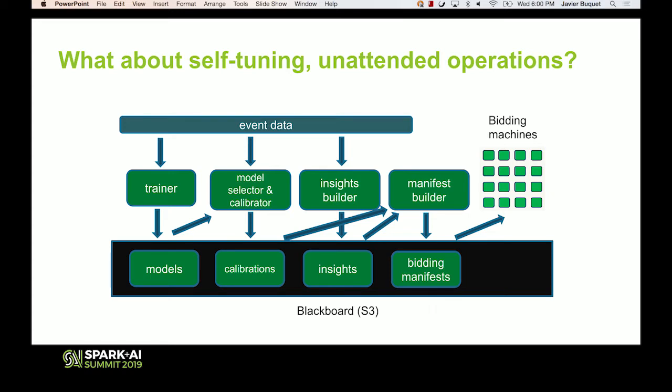Basically a decoupled producer-consumer pattern, where the blackboard has the latest artifacts of the different sub-products, or intermediate artifacts, of our training process. And each process will grab those latest artifacts from the blackboard and put the results back in the blackboard.